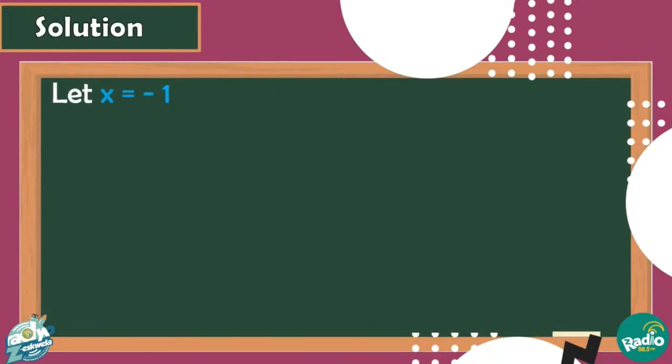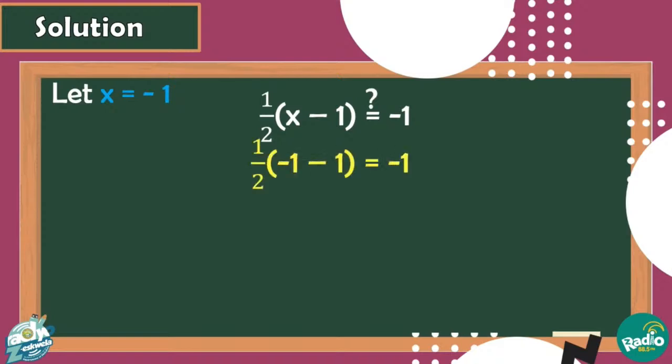How about x is equal to negative 1? The same with it. Just simply copy the given equation and substitute the value of x, which is negative 1. The given equation becomes 1/2 times the quantity negative 1 minus 1 is equal to negative 1.